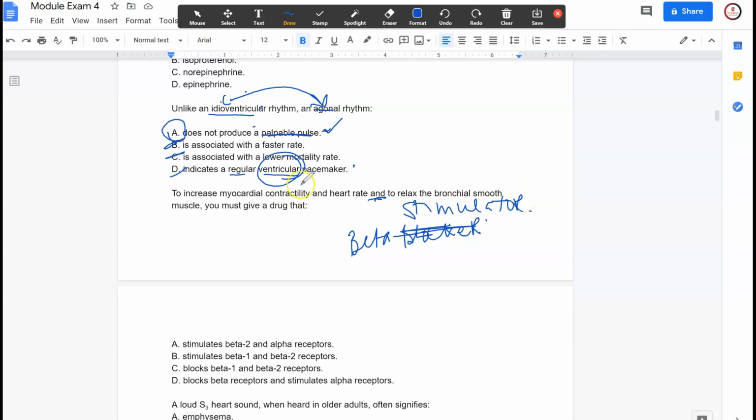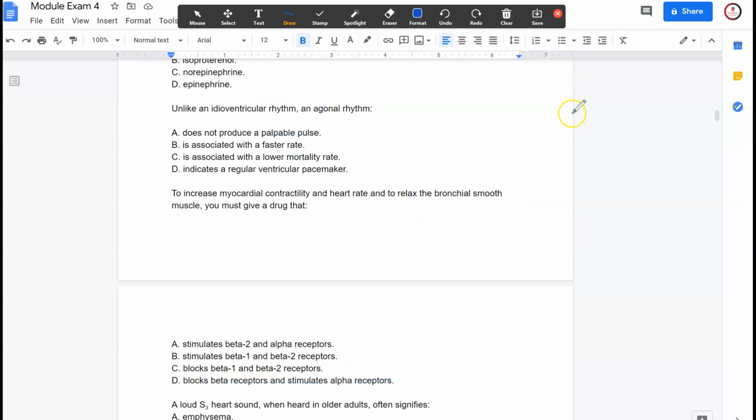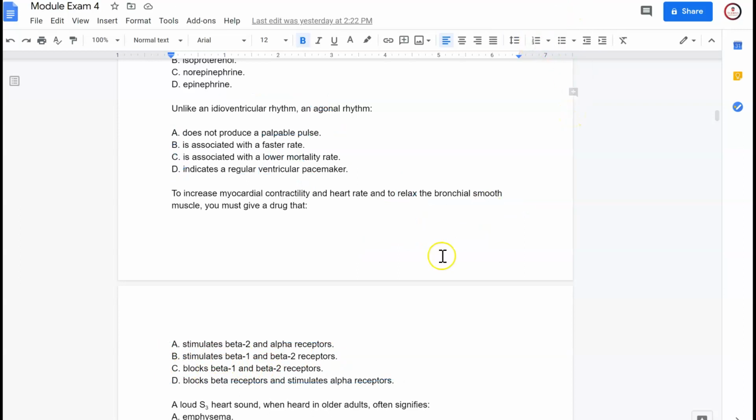Because you want increased heart rate and you want to relax the bronchial smooth muscles. So we don't need to deal with alpha receptors because these are both on the beta side. We want to stimulate the beta receptors, to do what they're supposed to do.